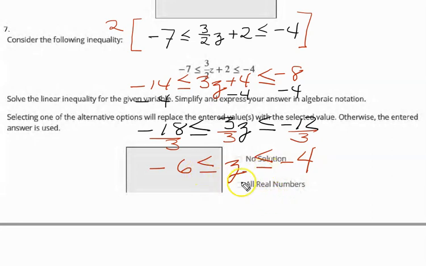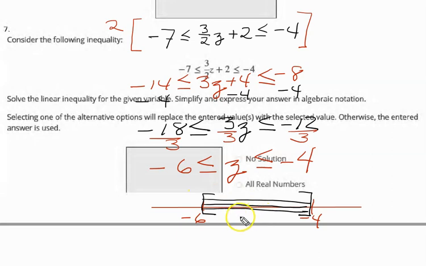Now if we were to graph that, let's do the graph of that just to show you. There's a line, and I'm going to put some points on the line. There's my negative 6. There's my negative 4. And I'm going to use, I'll do it in black so we can see it, a bracket this way, a bracket this way, fill it in the center like so.